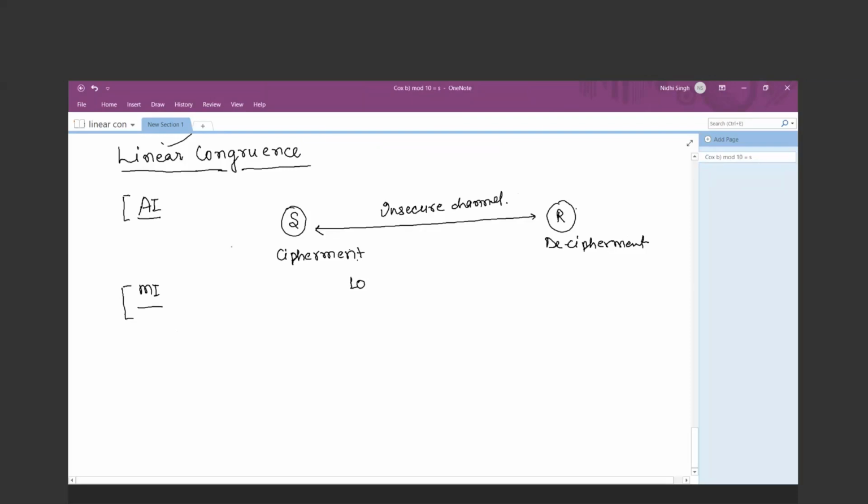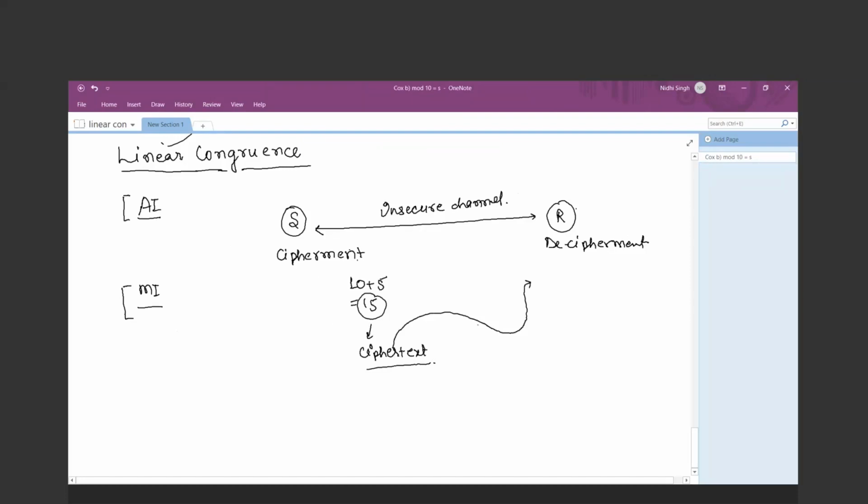Suppose it uses the additive inverse algorithm. So additive inverse says that you have to add a particular value to the plain text, suppose 5, and the answer is 15. This 15 is called the cipher text. So this cipher text goes into the insecure channel and reaches the receiver.